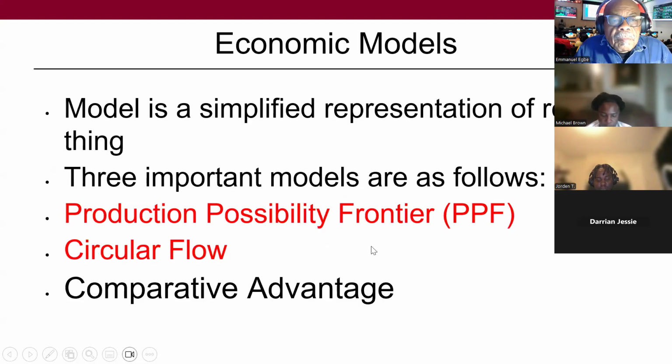Now, in a simplified representation of the economic system, we have what we call a production possibility system, okay? And we have a circular flow that shows the interactions between individuals and within a system.